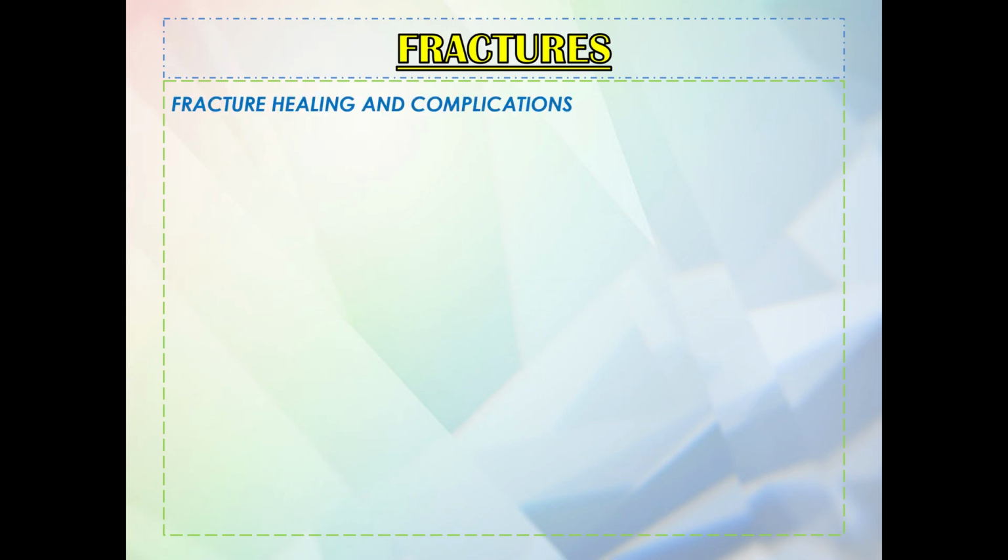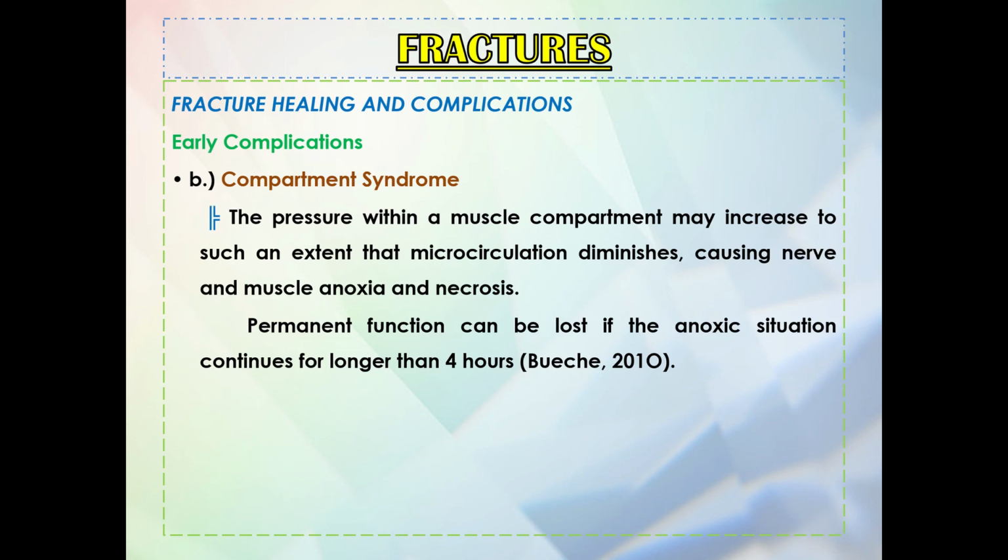So in the case of compartment syndrome, nagkakaroon tayo ng increased pressure sa compartments na yan that leads to the decrease of blood flow in the surrounding tissue. At kapag nagkaroon tayo ng decreased blood flow, definitely magkakaroon ng ischemia yung surrounding tissue that could lead to tissue injury. And that is a compartment syndrome. Now, the pressure within a muscle compartment may increase to such an extent that microcirculation diminishes, causing nerve and muscle anoxia and necrosis.